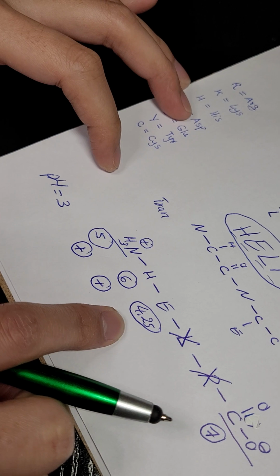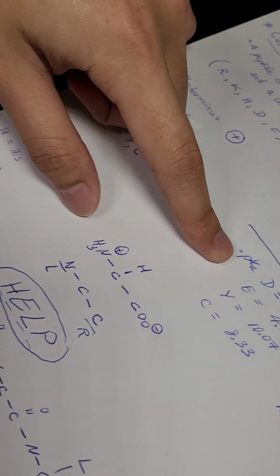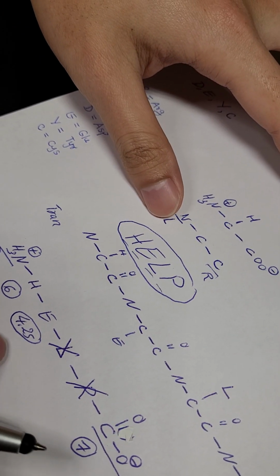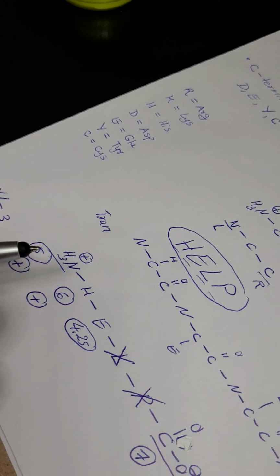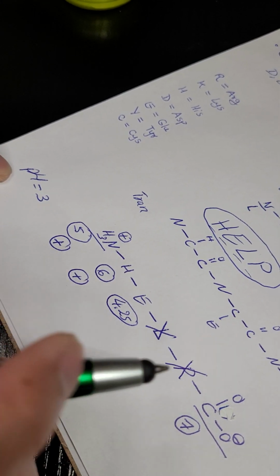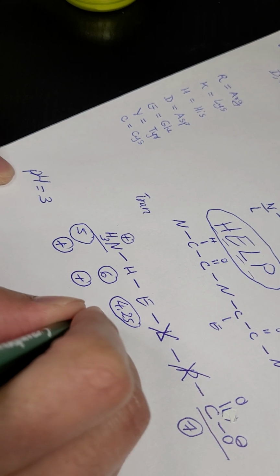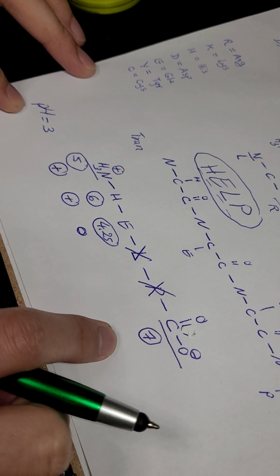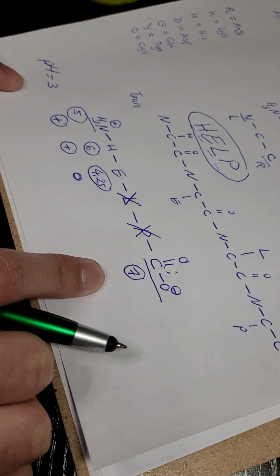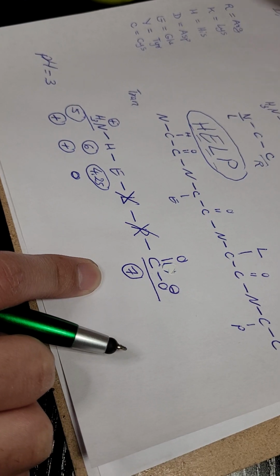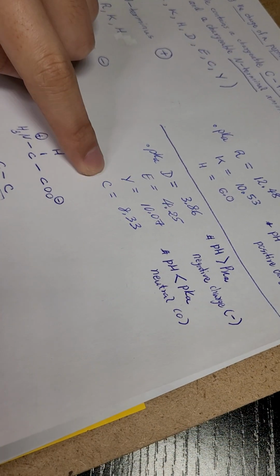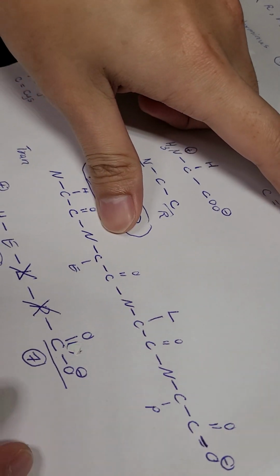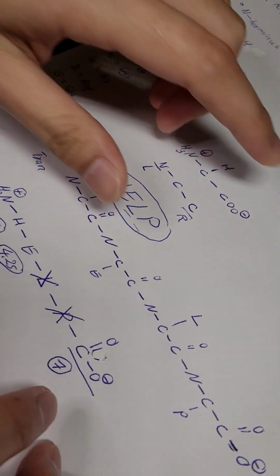The next one, E. E is on the list of the negative. 4.25 is higher than 3. This means this one will be neutral. And the last one, negative charge 7, is on the C terminus side. If the pKa is higher than pH, it will be 0.